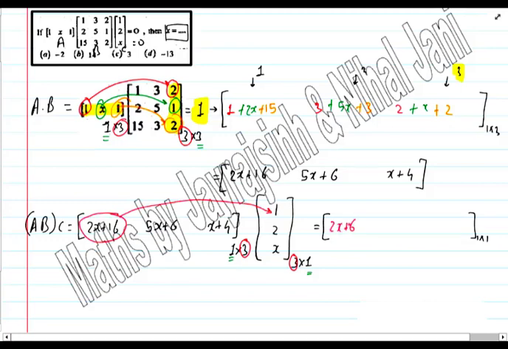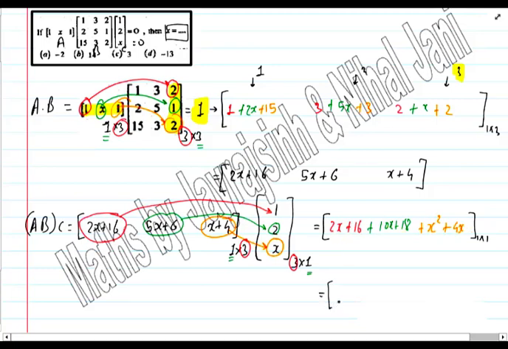2x plus 16, then plus 5x plus 6 multiply with 2 will give us 10x plus 12, and finally x plus 4 will multiply with x. So here we will get x square plus 4x, right?